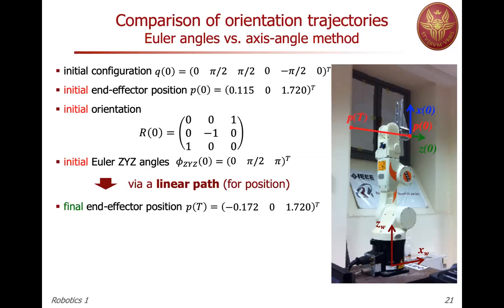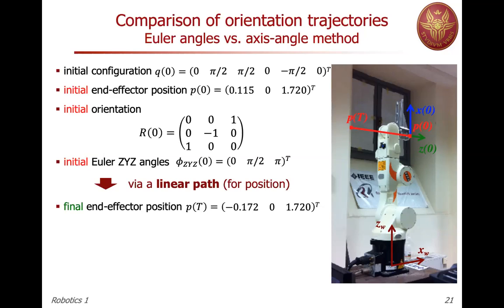So first, let's specify the motion for position. As we said, we are separating the two things, and just to make things simple, we choose a straight path, so a linear path for position, and you can see the final point that should be reached at time capital T. We are not specifying it yet, because this will be the result of the timing law that we set on this path from P initial, at time 0, to P final, at time capital T. And you can see that it's a straight line.